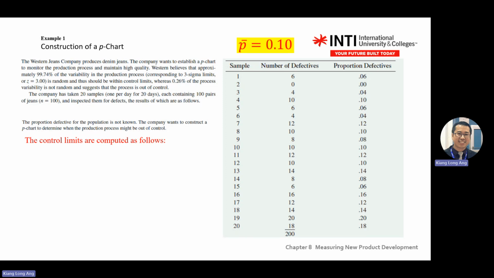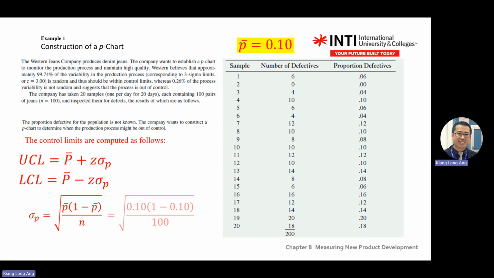Now once you have this one, you write your answer, P dash equal to 0.1. Then you compute the control limits as follows. You know that the upper limit is plus Z sigma, and the lower limit is minus Z sigma. Again, in an exam or test, you won't see the Z value; you'll see how many percent of the variable. 99 is 3, 95 is 2, 60-something will be 1.